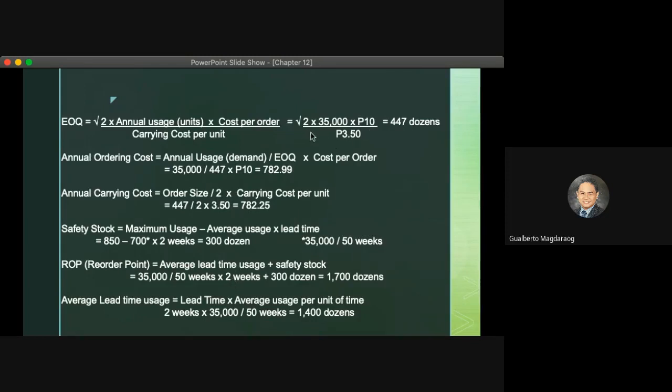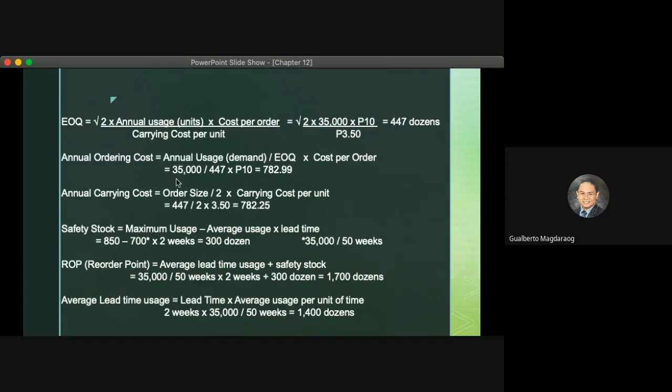That's square root of 2 times the annual usage of 35,000 times 10 divided by 350 equals 447 dozens. So this EOQ units will be the basis of the numbers of units to be ordered for every order.